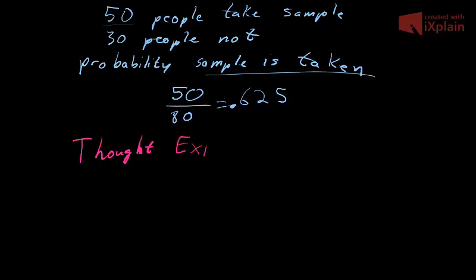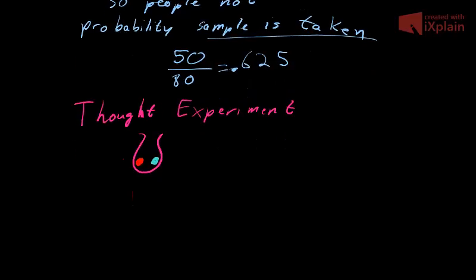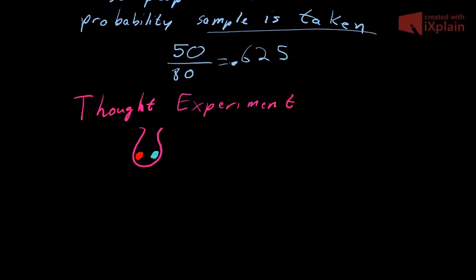So in my thought experiment, I'm going to have a bag, and we're going to have marbles inside this bag. I'm going to have just one red marble and one blue marble. And as we go through, I can take out one marble, put it back in, take out a marble, put it back in, and we can count how many of each we get.